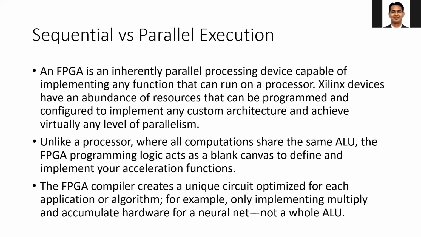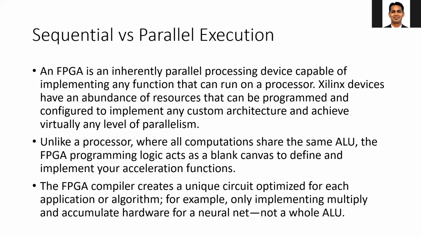The FPGA compiler creates a unique circuit optimized for each algorithm or application. For example, in the case of a deep learning or neural network application, you have the MAC unit. So the FPGA will implement only the MAC unit, while in the case of the processor, you have the general purpose ALU, which can implement the MAC unit.